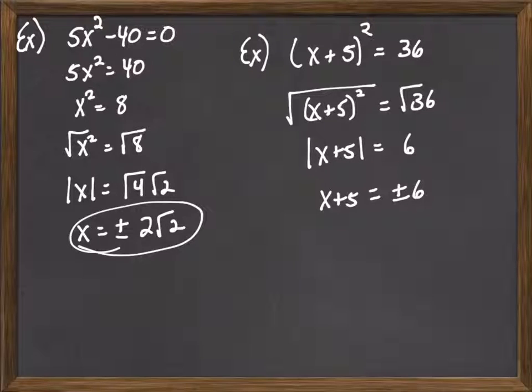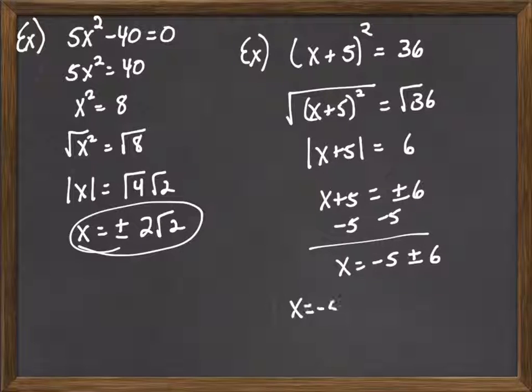So here, at this point, we want to solve for x. So we need to subtract 5 to get x by itself. Now we do that to both sides. So I would write that as negative 5 plus or minus 6. But now, what that really means is one way it's negative 5 plus 6, and the other way it's negative 5 minus 6.